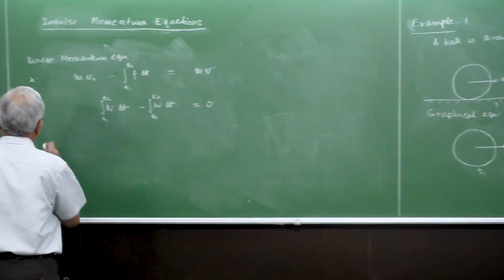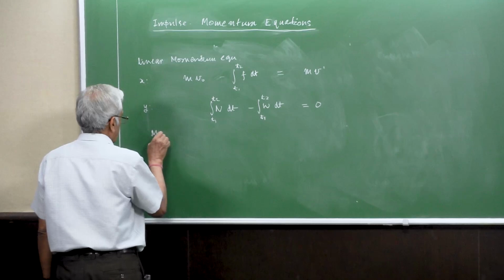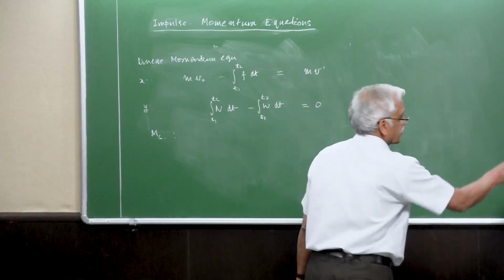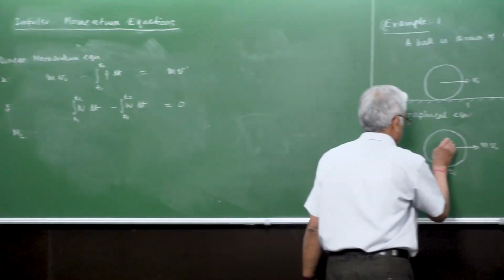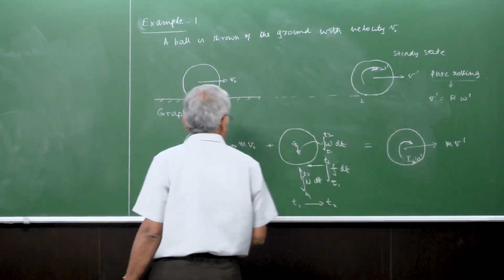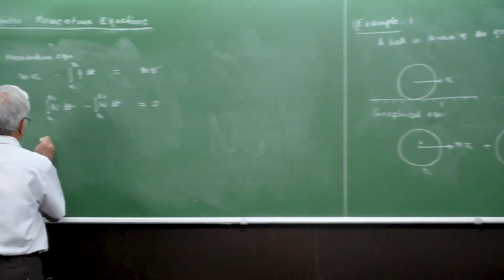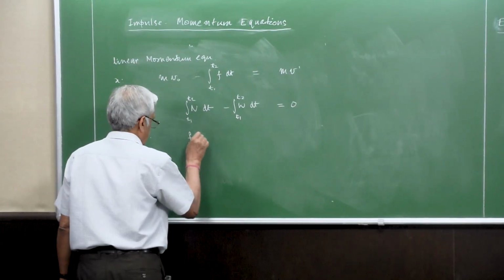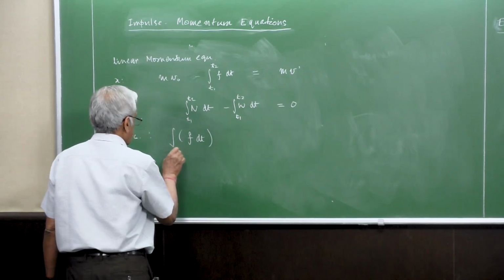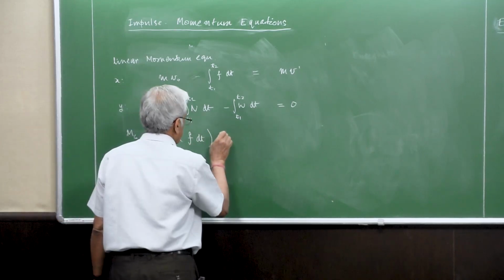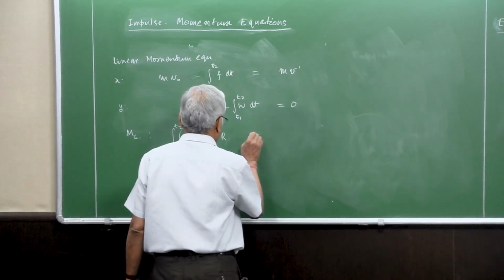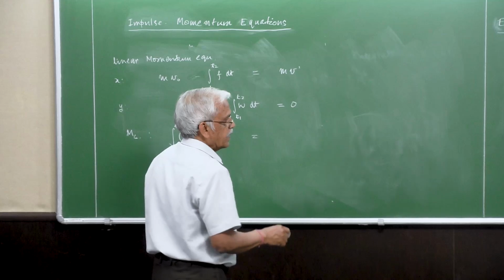And the moment about G, the center point. So how much is the moment? The force F dt has a moment about G, which is the integral of F dt multiplied by r.